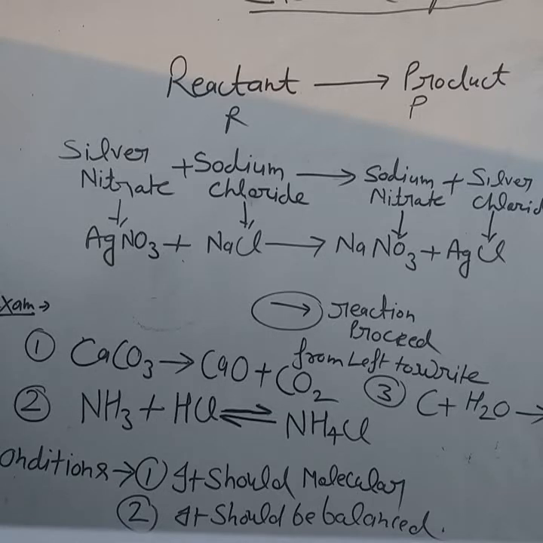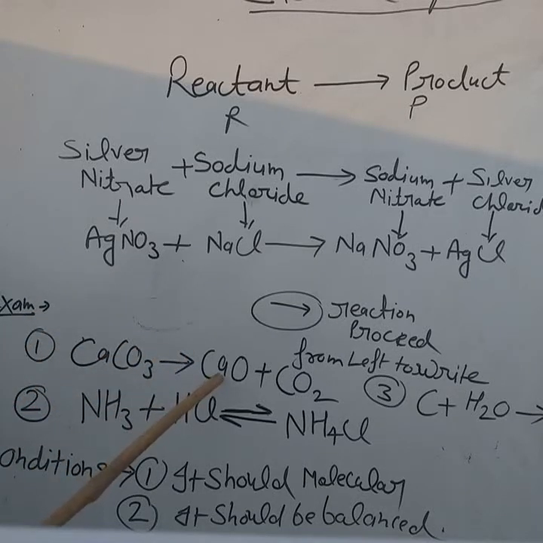The next most necessary condition is that it should be balanced. The total number of atoms of each kind on the left side should be the same as those on the right-hand side. All compounds and elements are balanced. So here the number of calcium is 1 on the right side as well as the left side.